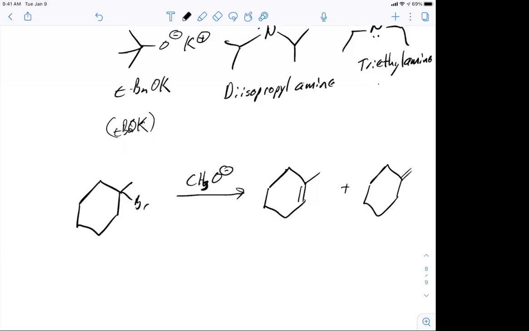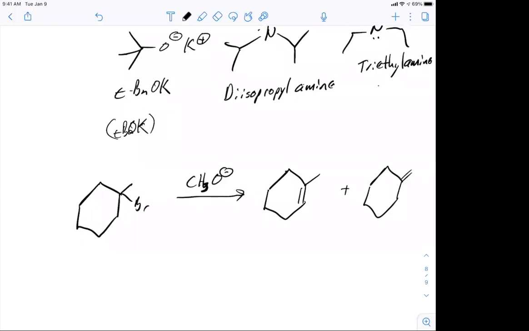Okay, so if we look at our beta hydrogens, we really only have two non-equivalent beta hydrogens. One of those will give us the double bond within the ring. And remember, a 6-membered ring is stable because it geometrically wants to be 100 degrees, and an sp2 carbon is 120 degrees. And then the other elimination is going to be giving us the external. Now, which one of these two is going to be the more stable?